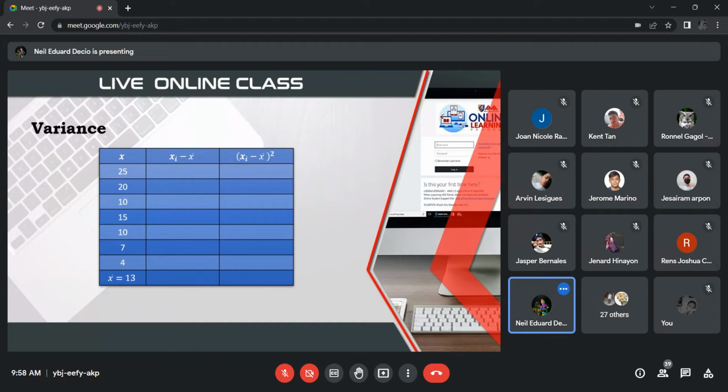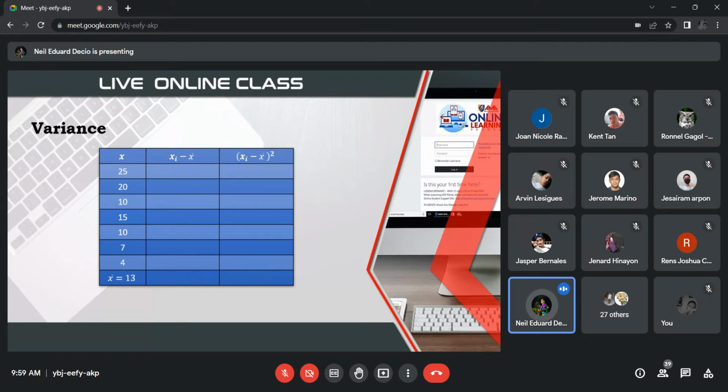Okay, but then we can actually put it this way. So if you have enough time, it's also okay if you put it in a table. I put all the x values in the first row. And for the second row, I put the difference from the mean. So basically, I subtract the mean from every x value.